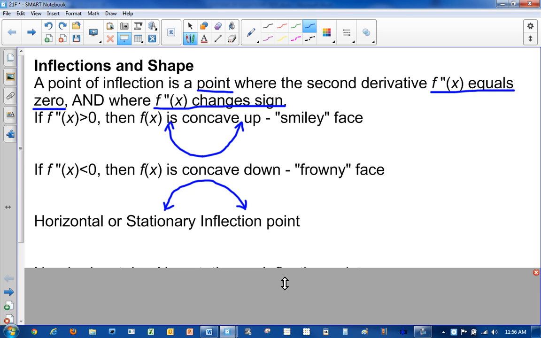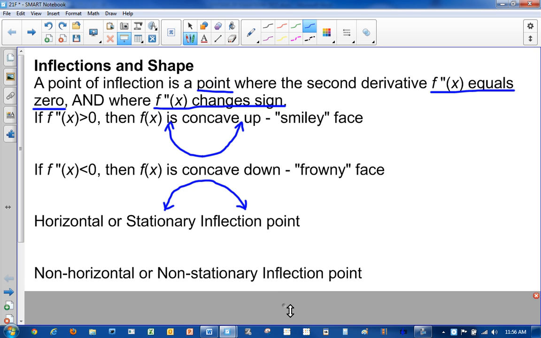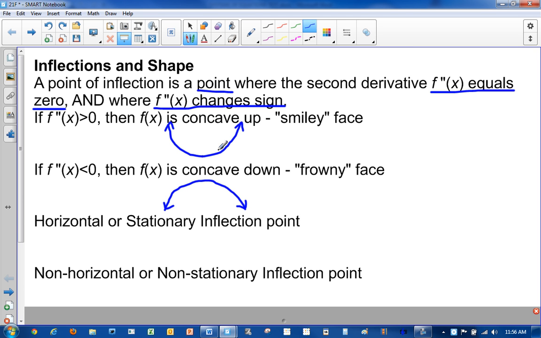All right. Now, there are two types of inflection points. An inflection point basically is where it changes from being a smiley face to a frowny face, or vice versa. When does it change from a frowny face function to a smiley face function? And there's two ways that can happen. It can happen at a stationary point, which we've already talked about as a point where the first derivative is equal to 0.